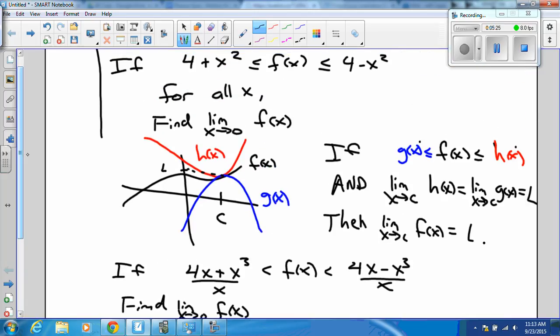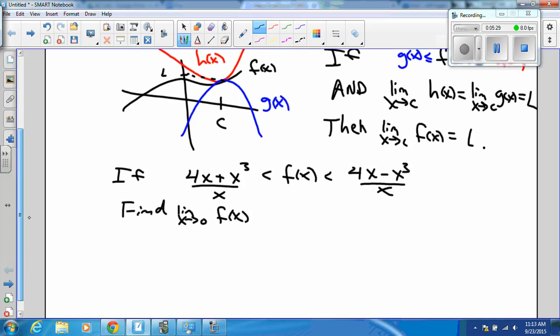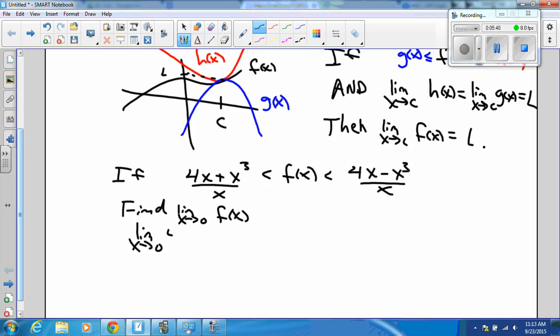Notice that each one of these bounding functions is an alias for the original functions that I had. Cancellation will get me there. So now, these two functions are not actually ever equal to each other. Both of the graphs have a fold right at x equals c, but I can still take the limit as x goes to 0 of 4x plus x cubed over x with cancellation.